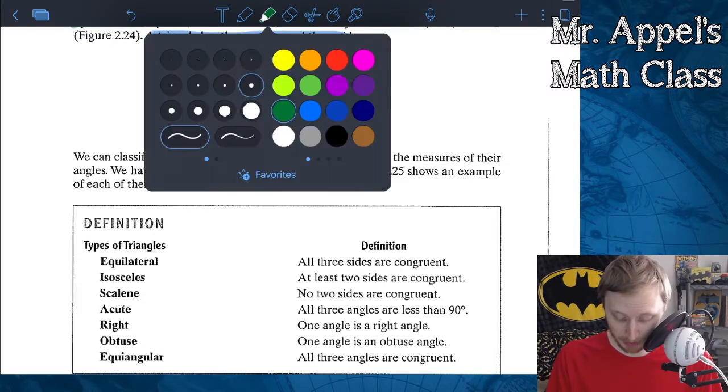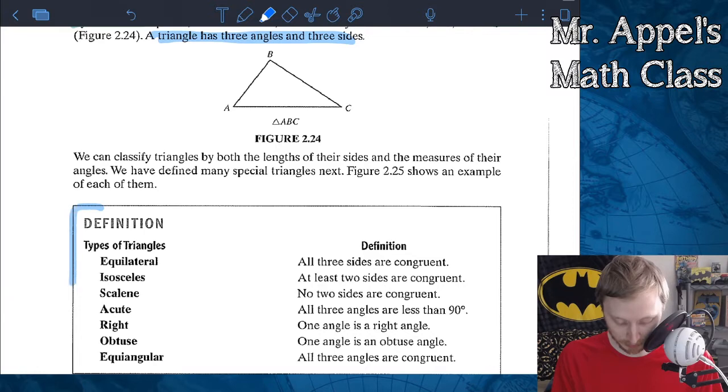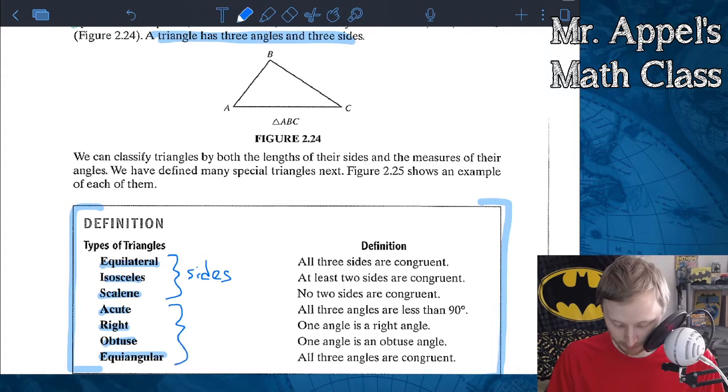So here in this table, I would include all of these in your notes. We have the equilateral, isosceles, and scalene. Those are the sides. And we have the acute, right, obtuse, and equal angular. And those are classifying by angles. You have the definition right there, which is the same as it's been since grade school.